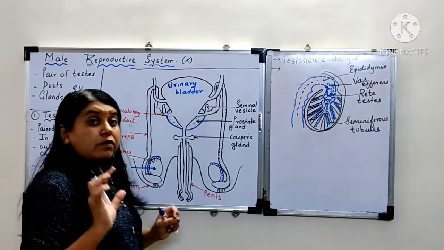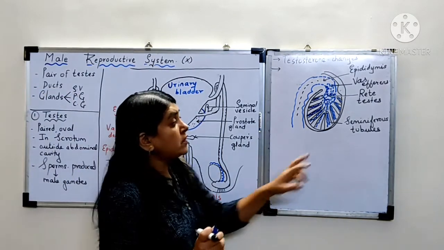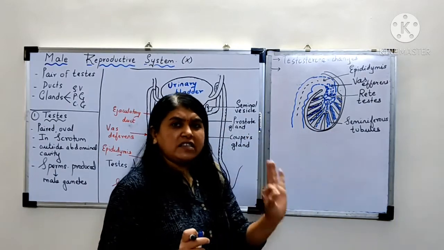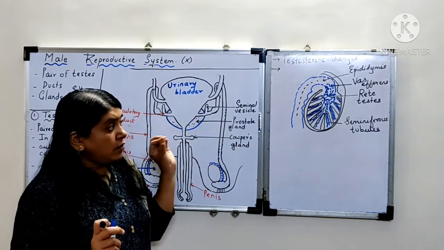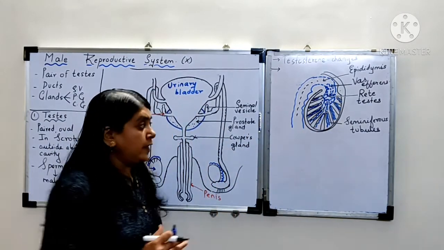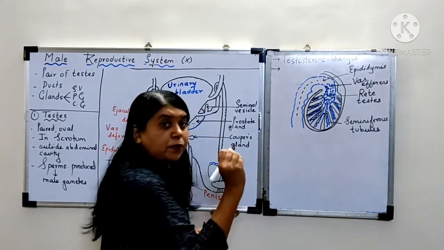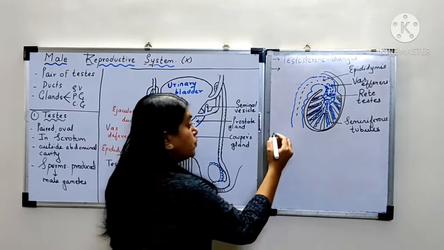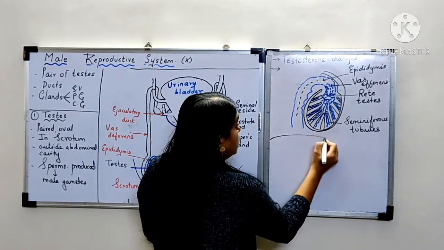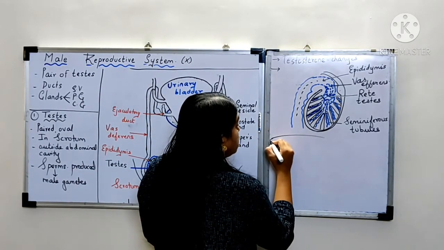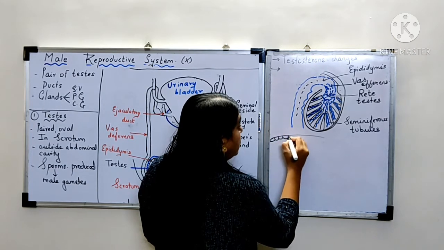Now, the sperms are produced in the seminiferous tubules. Understand, it's very simple. Watch the lecture till the end. So, suppose this is a tubule. Seminiferous tubule.